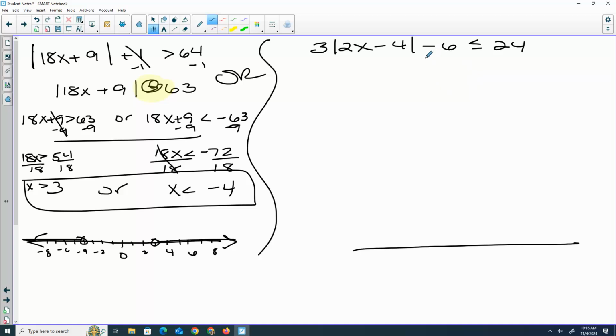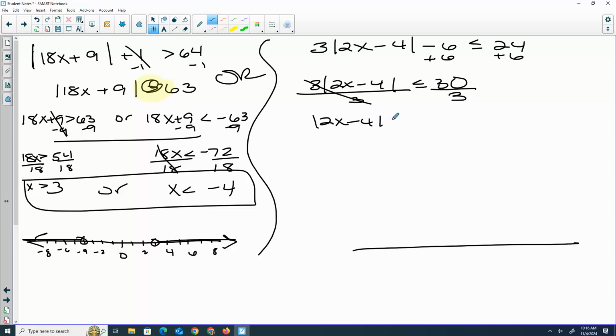Alright, this one, you want to get the absolute value by itself. So first we add the 6. Divide by 3. Is this and or? And. Remember, we set the ands up in between the negative and the positive. So we say negative 10 is less than or equal to 2x minus 4 is less than or equal to positive 10.